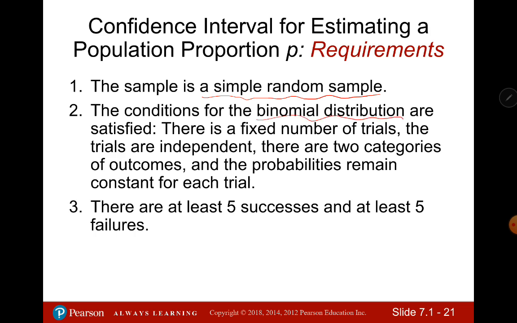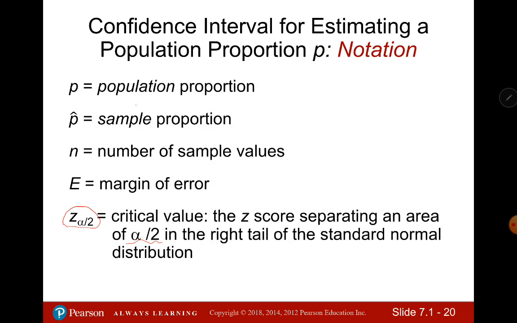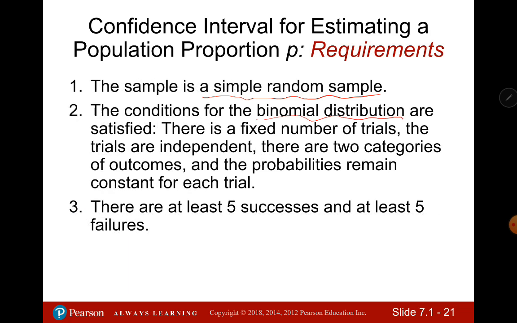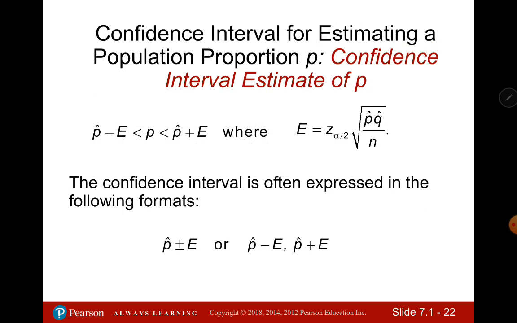We need to check if the distribution is binomial, yes or no, because remember, the p and q are always talking about the binomial distribution. And we should have at least 5 successes and at least 5 failures, which means n times p is greater than or equal to 5 and n times q is greater than or equal to 5.